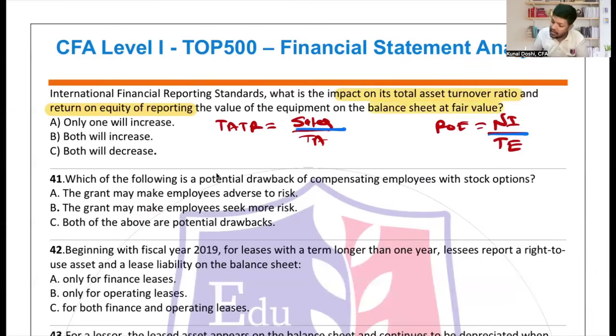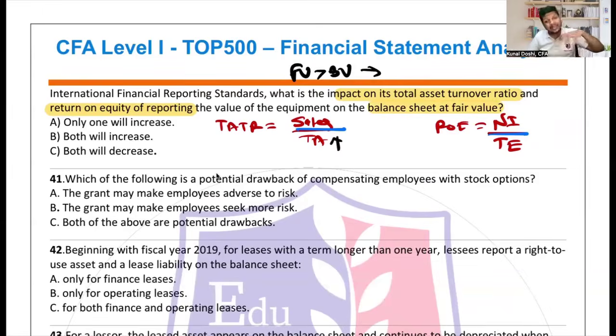Guys, what has happened? The fair value is higher. In my case here, if the company is reporting fair value, which is only in IFRS, the fair value is greater than the book value. So when this happens, the balance sheet value, the asset value, increases, and the increase is not recorded in the income statement.